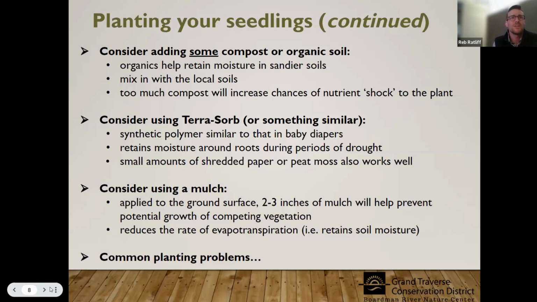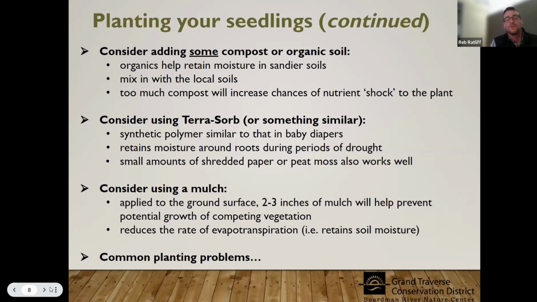The TerraSorb product I mentioned earlier is a product we sell at the Grand Traverse Conservation District here. It's a synthetic polymer similar to the product they use in baby diapers. The idea behind this is it will retain moisture around the roots during periods of drought, and it'll last for years too.